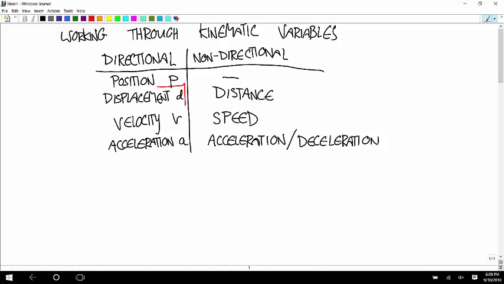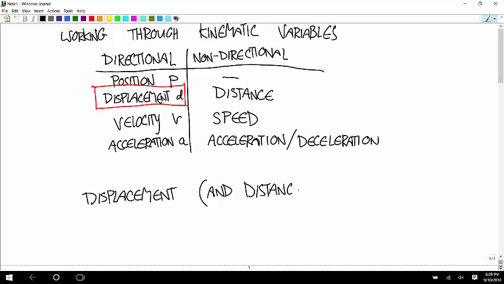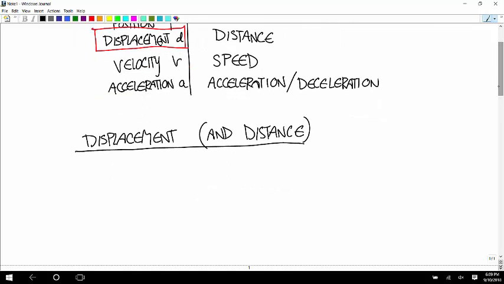Okay, so we're on this one, displacement and distance. Okay, so first let me just define displacement.